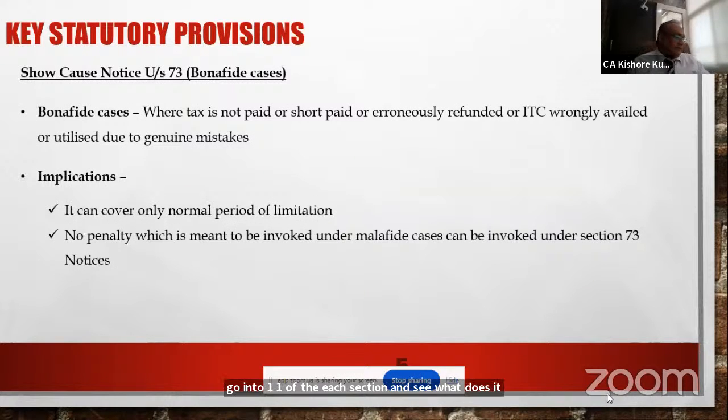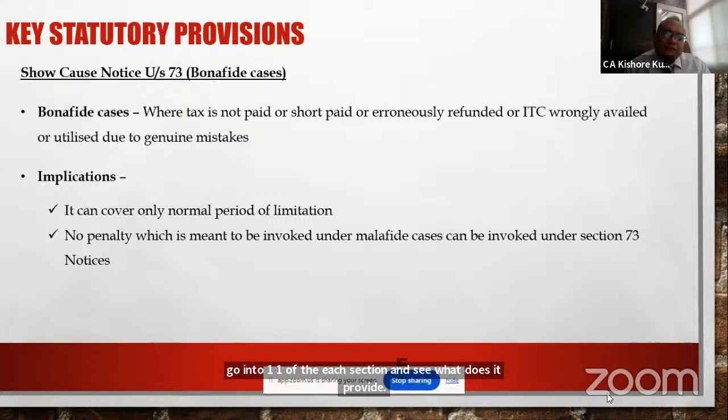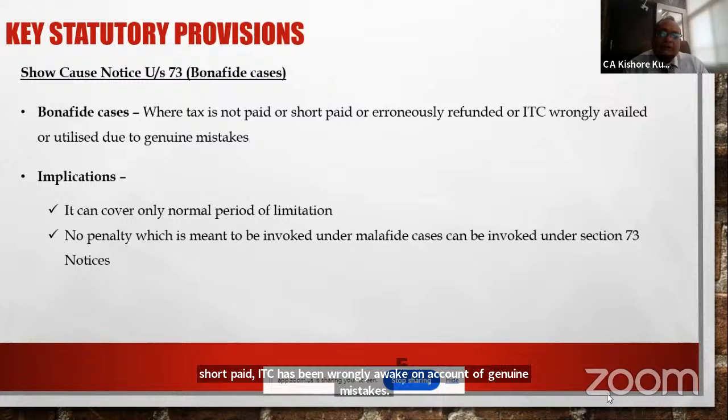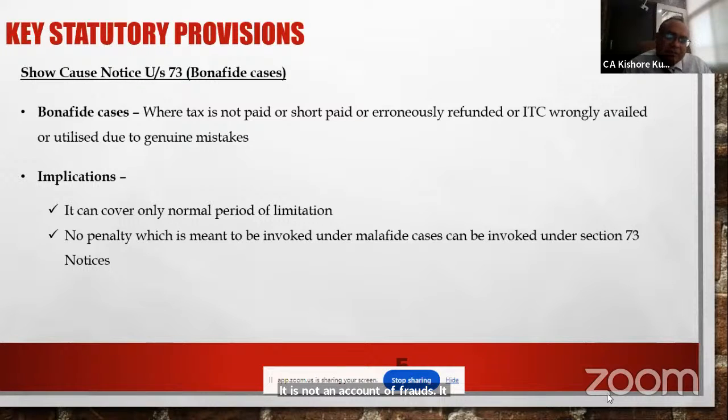Section 73, friends, as I mentioned, covers the bona fide cases. That is where the taxes are not paid, short paid, or ITC has been wrongly availed on account of genuine mistakes. It is not on account of fraud. It is on account of bona fide mistakes. Then a show cause notice will be issued under section 73. What are the implications?